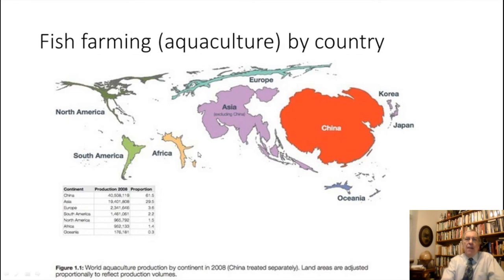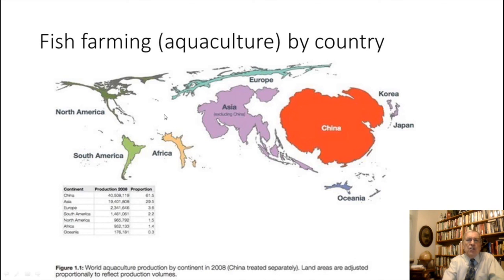But this is a map where they're trying to show the size of the country in proportion to the amount of fish production from fish farming. And fortunately for China, they're one of the major players in the fish farming business. The rest of Asia, particularly India and so on, is next.